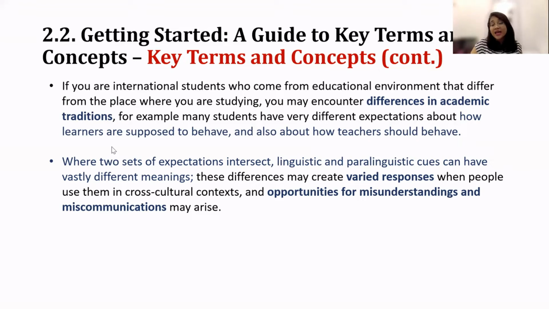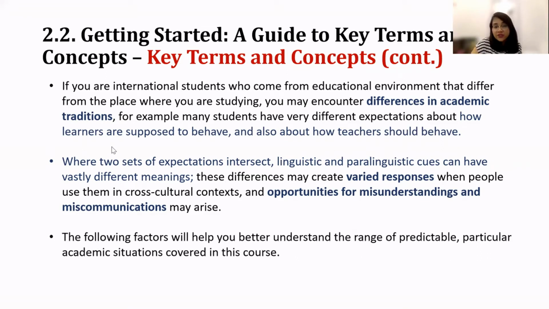So that's why it is highlighted in the very first meeting, because if we are not aware of this, although we know a lot of expressions and vocabulary and structures to be used in various academic settings for communications, it won't be enough, because we need to understand this intercultural knowledge so that we can anticipate and minimize the occurrence of misunderstandings and miscommunications.